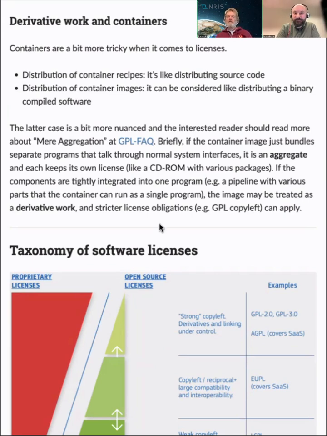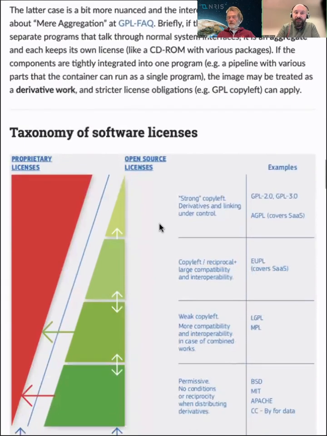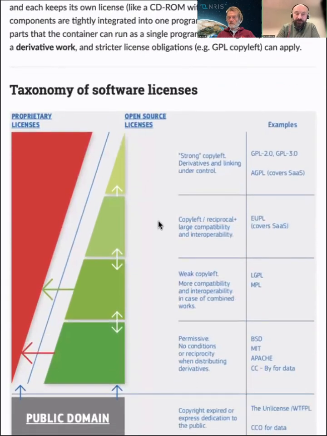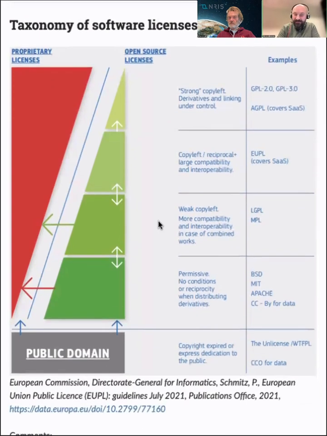So if you embedded GPL copyleft inside your software stack, that then goes for the whole container that you're creating. Exactly. And this is why these licenses, which are still open source licenses, are called viral: they kind of infect all the rest of the code or software that you are sharing.